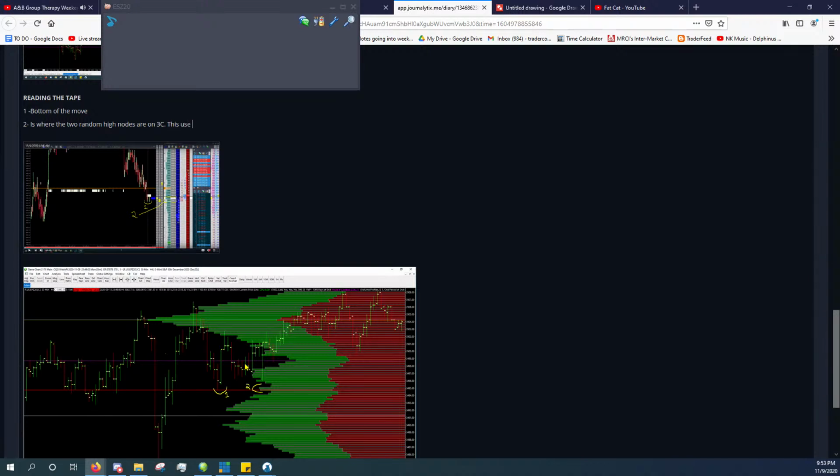This used to be a low noded valley. These two nodes also represent the center point of the low node valley.